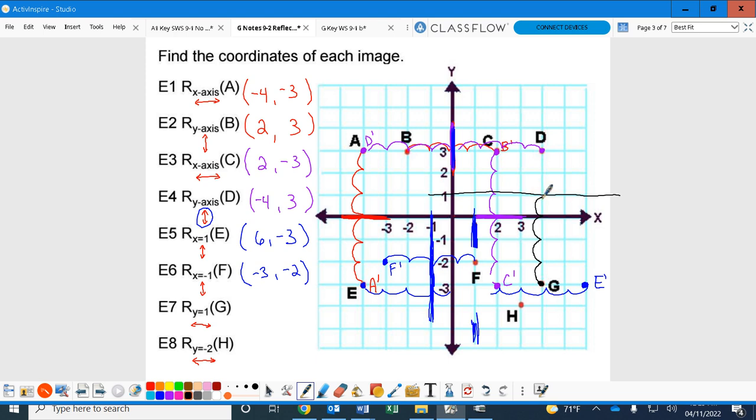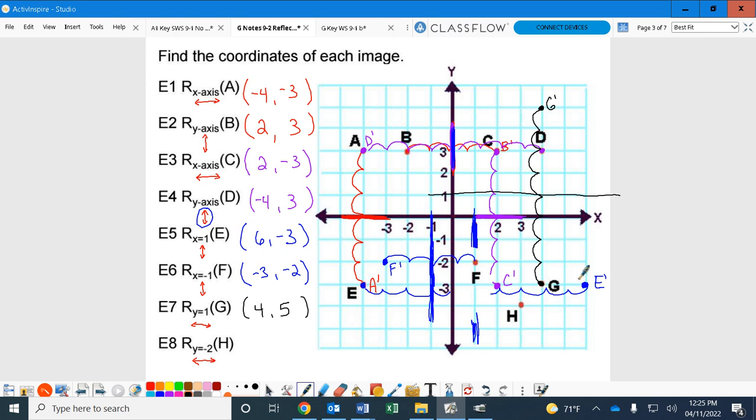So I'm going to have to go 1, 2, 3, 4 away from there, which is going to be called G prime. Which is going to be what ordered pair if I have to go to the right and up? 4, 5. There we go.